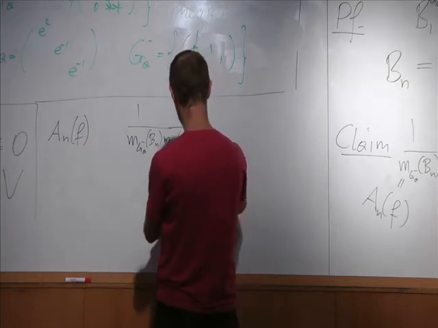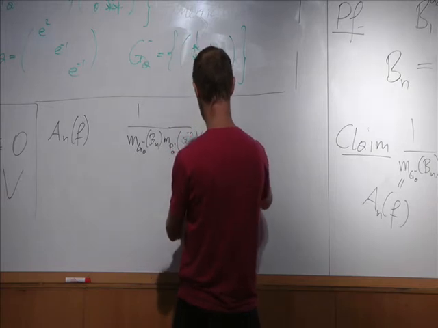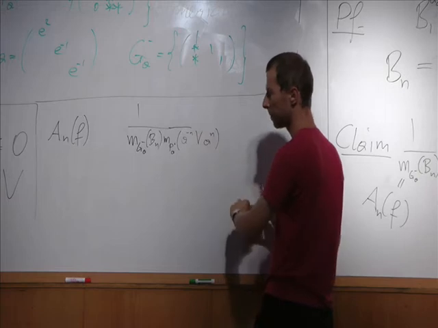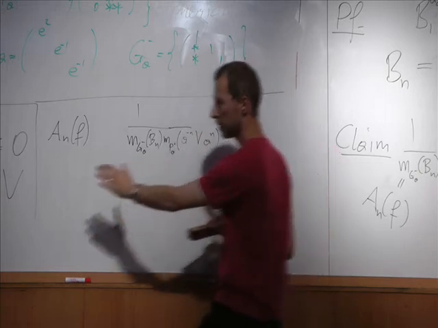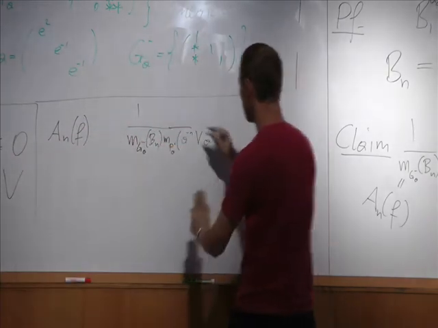So I'm conjugating the set V by e to the minus n. Then this stays delta small. That's my assumption on the set V.